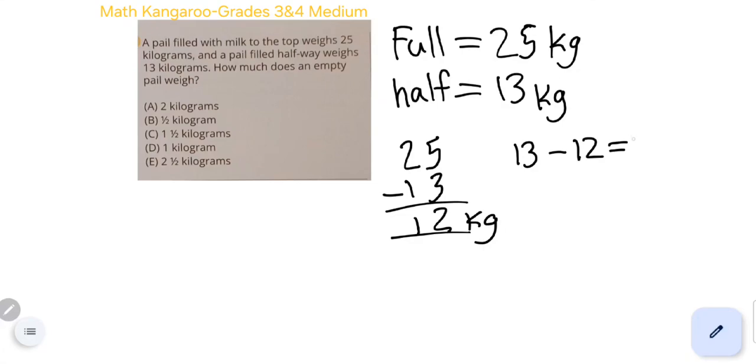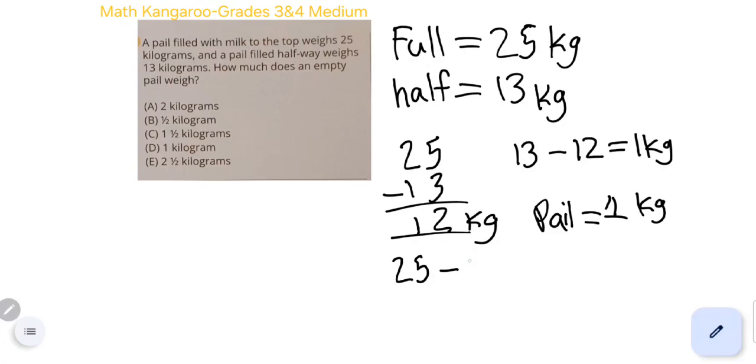And if we do 13 minus 12, we get 1 kg or kilogram. So the pail weighs 1 kg.